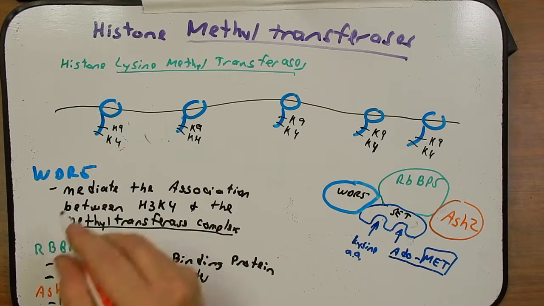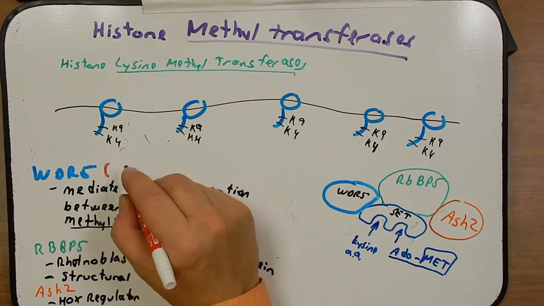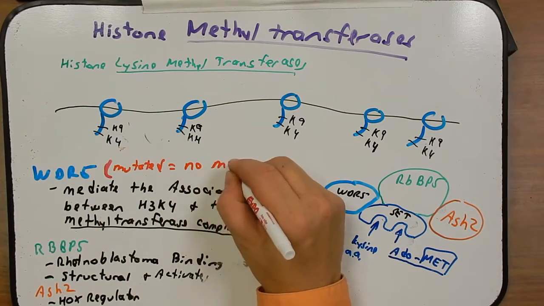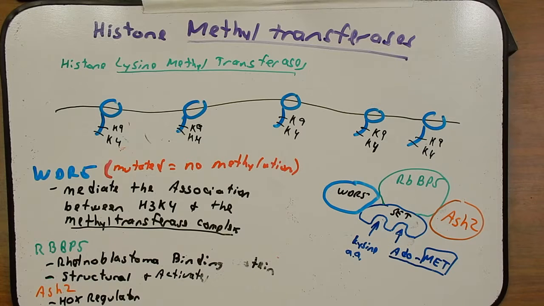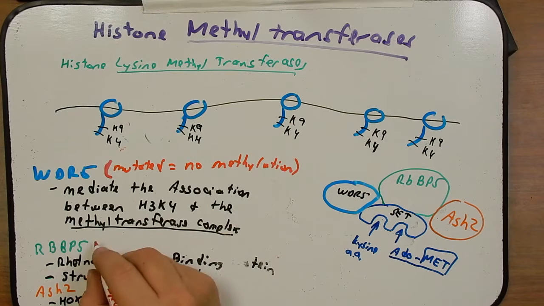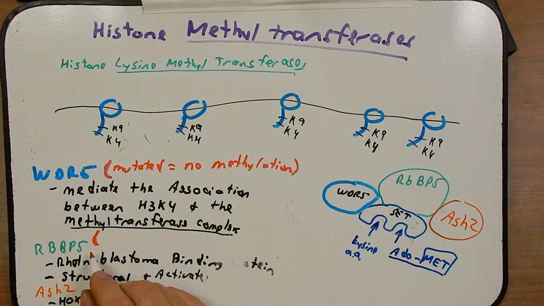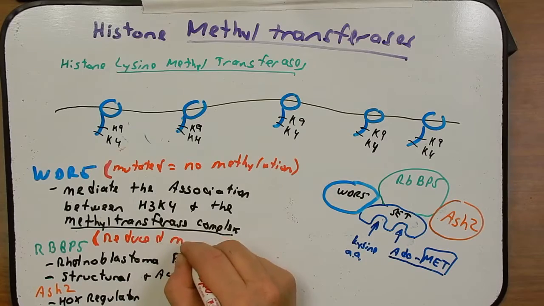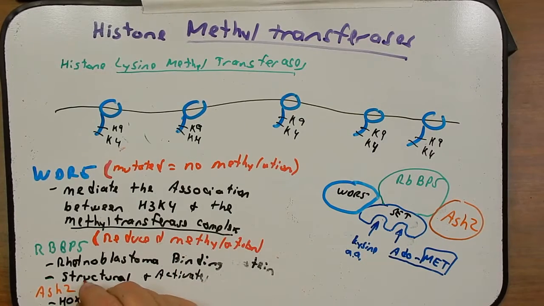Because we know that if WDR5 is mutated, this results in no methylation. And if RBBP5 is mutated, we get reduced methylation. And same thing with ASH2. It results in reduced methylation.